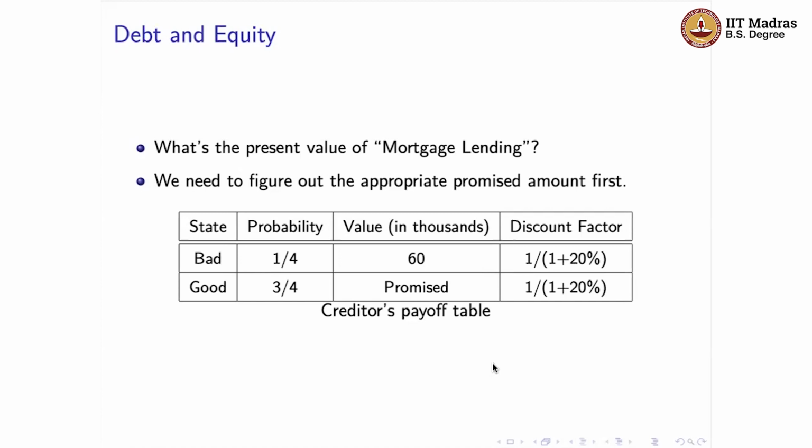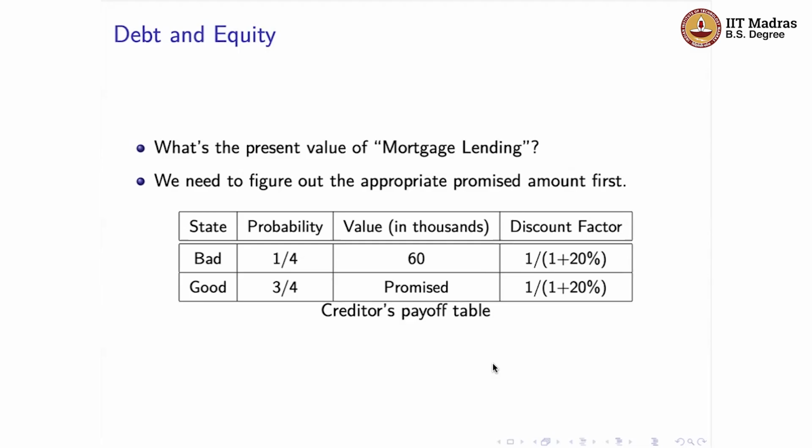However, what we do not know is what should be the promised amount going to the creditor if the state is good. The other thing that we know is that the relevant discount factor is, as before, 1/(1 + 20%) in both cases.